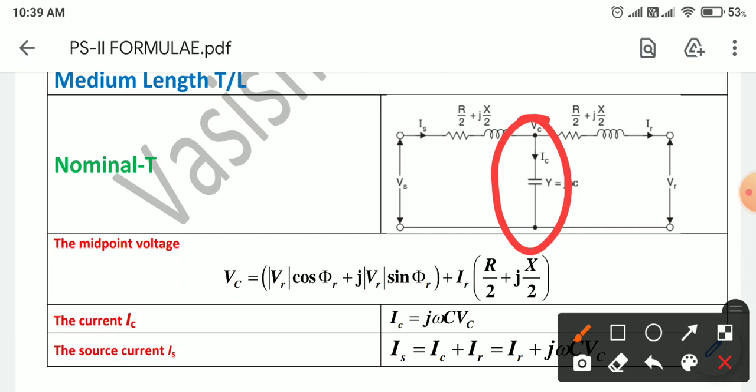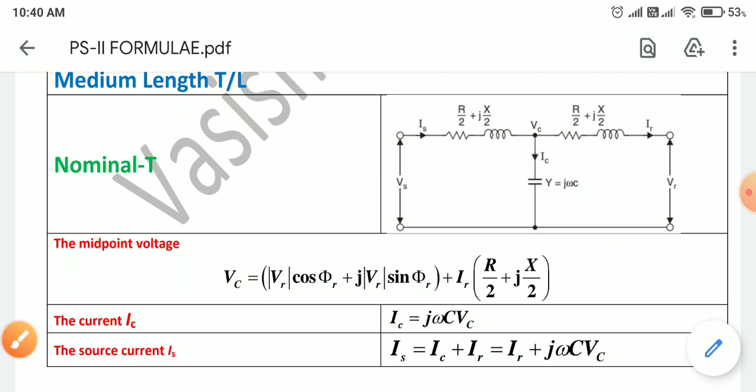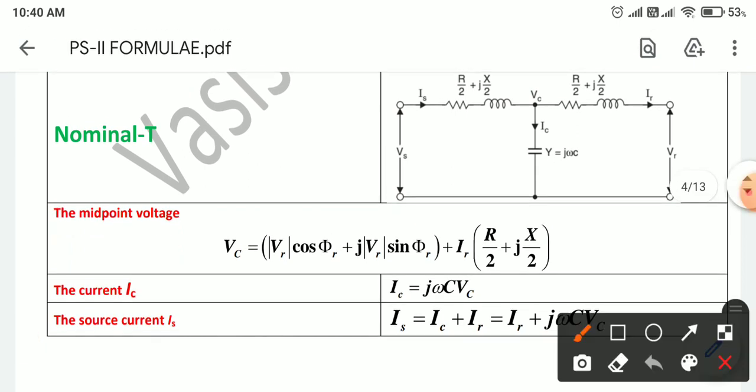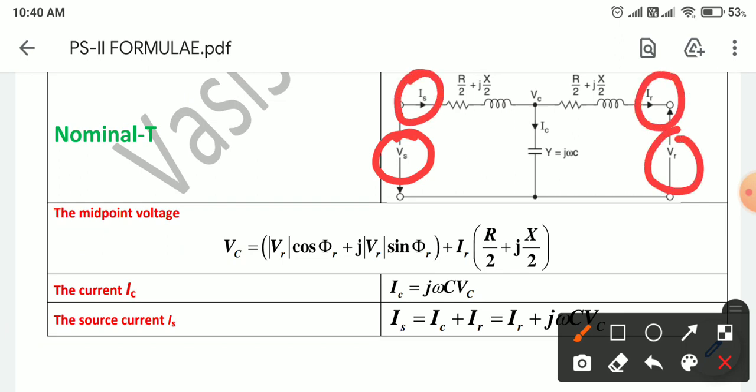If the entire transmission line capacitance is placed at the center of the line, that is the lumped case, the nominal T. The shape looks like a T, that's why it is called nominal T. Coming to the circuit, Vs is the sending end voltage, VR the receiving end voltage, Is the sending end current, and IR the receiving end current.